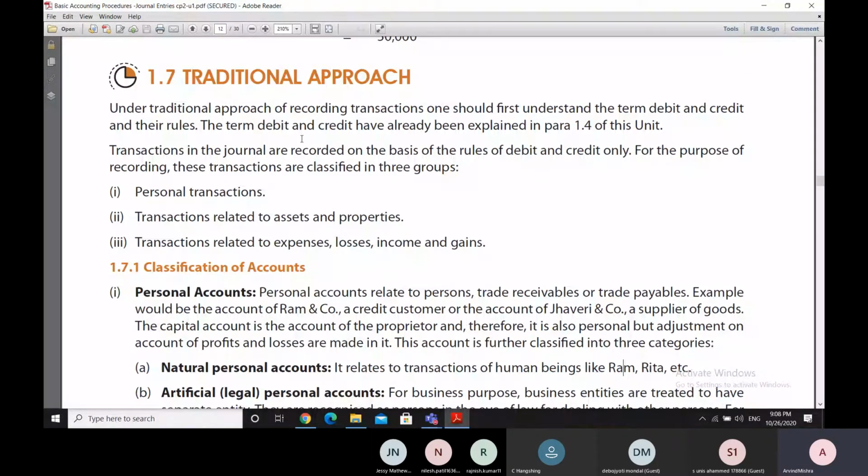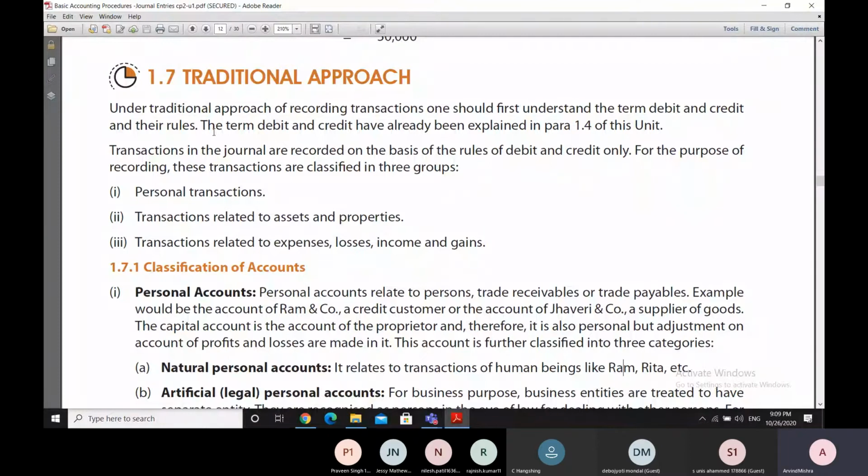We have already discussed the approach based upon the accounting equation, which is a more modern approach. And in today's webinar, we'll be discussing the traditional approach towards recording transactions in the journals.